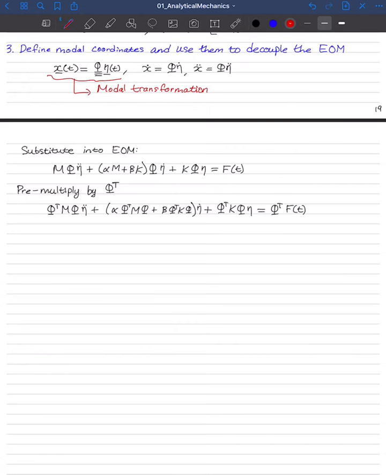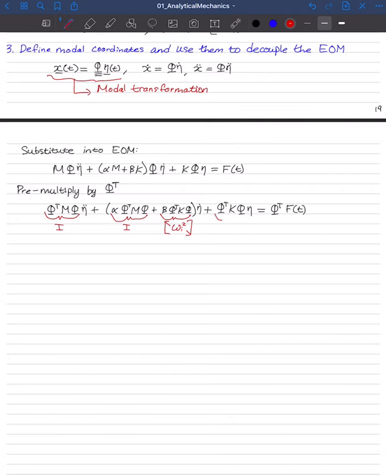Okay. This term here, we said previously, due to the mass orthogonality relationships, must be an identity matrix. This is the benefit of mass orthonormalizing, that we get back an identity matrix rather than a diagonal matrix of modal masses. So again, here we'll get an identity matrix, and then here we get back a diagonal matrix with omega i squared in the diagonal terms.